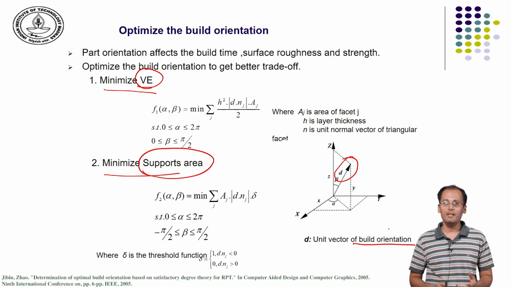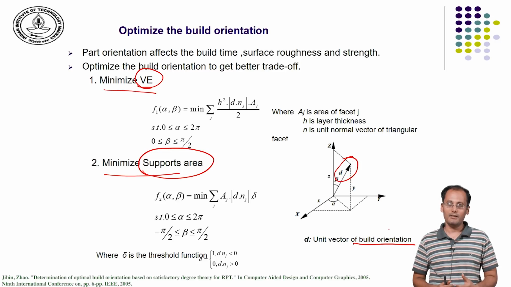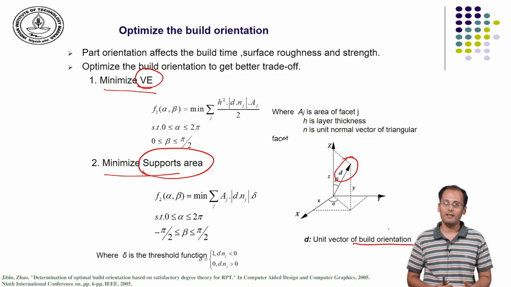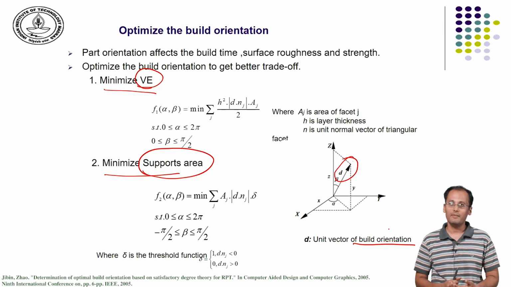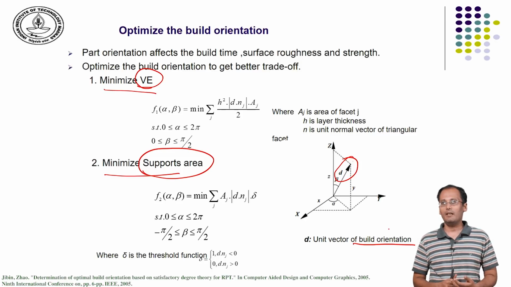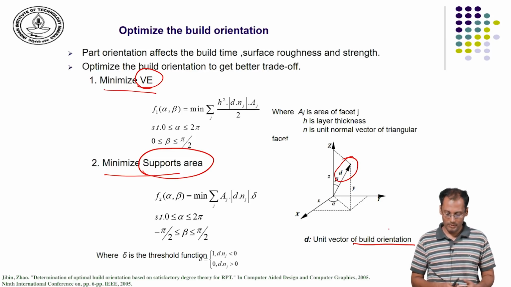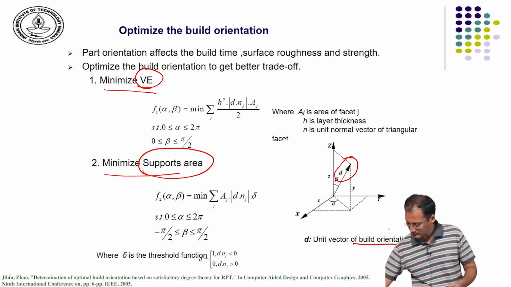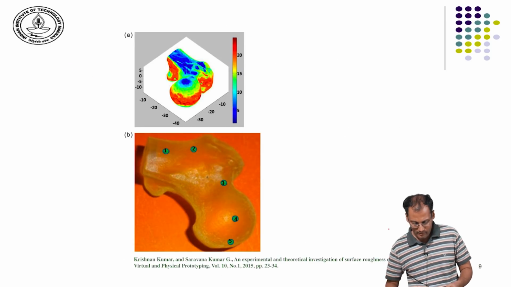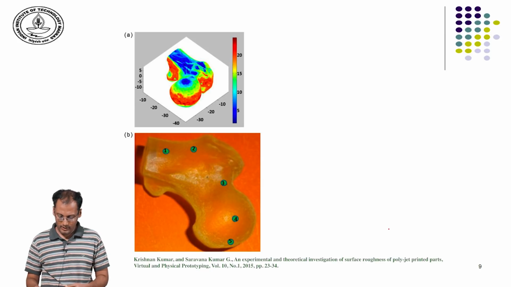So, optimized build orientation can be obtained for either minimized total volumetric error, or for minimized build time, or one can solve this as a multi objective problem and create a Pareto, so that one can choose a solution from this Pareto optimal front. This is an example showing a biological model.